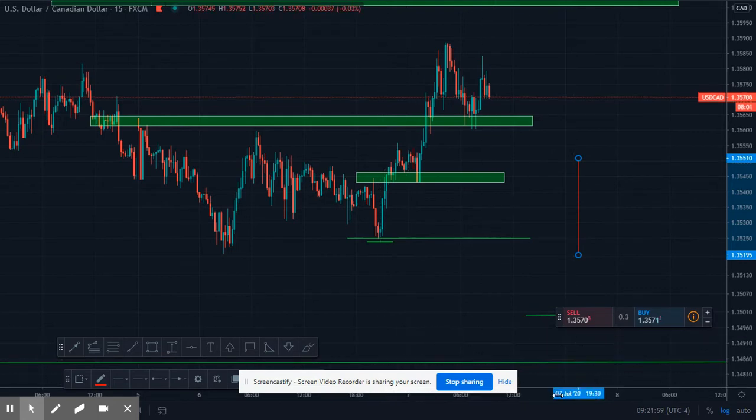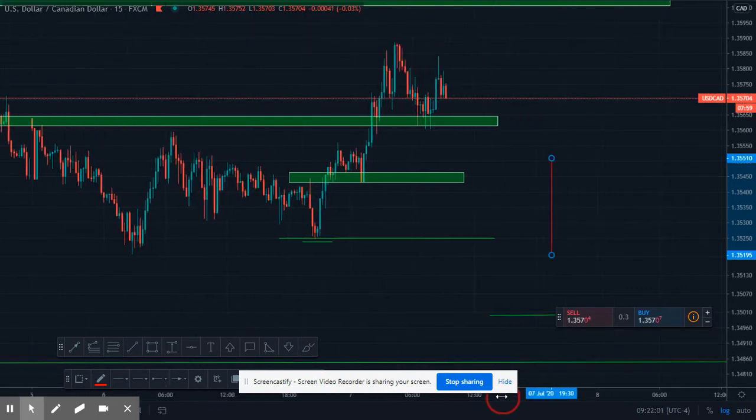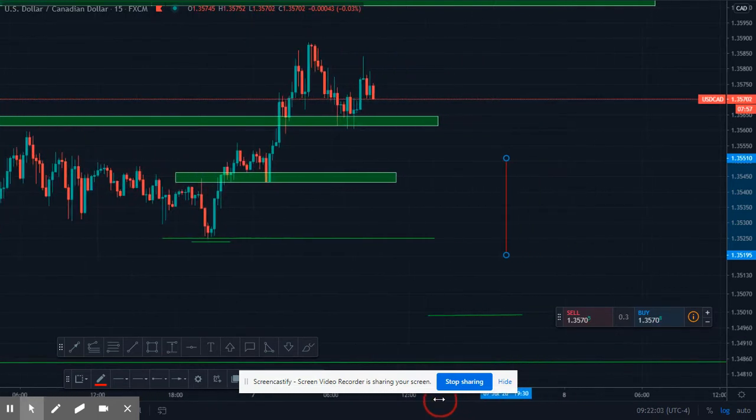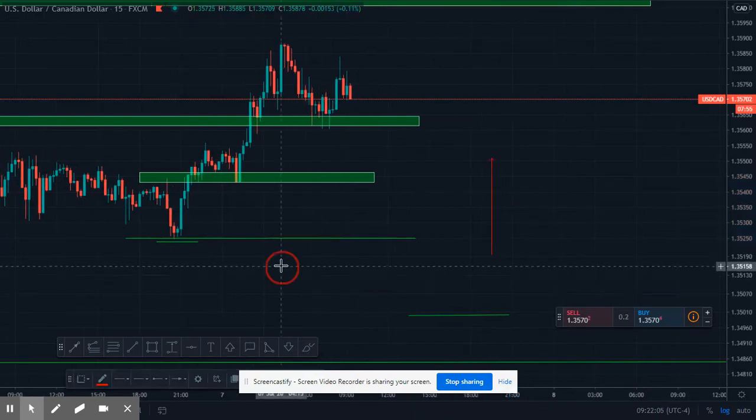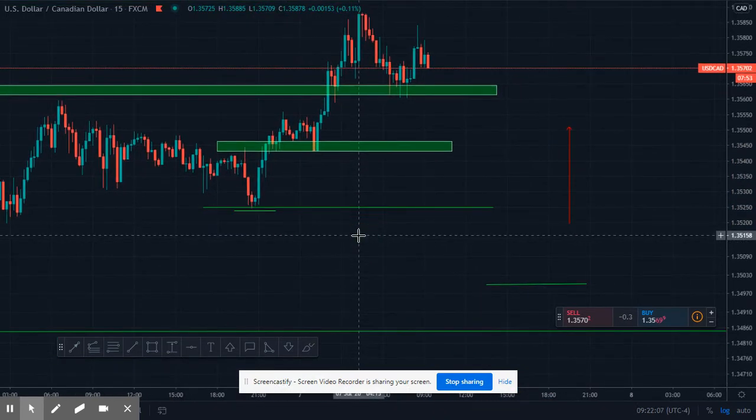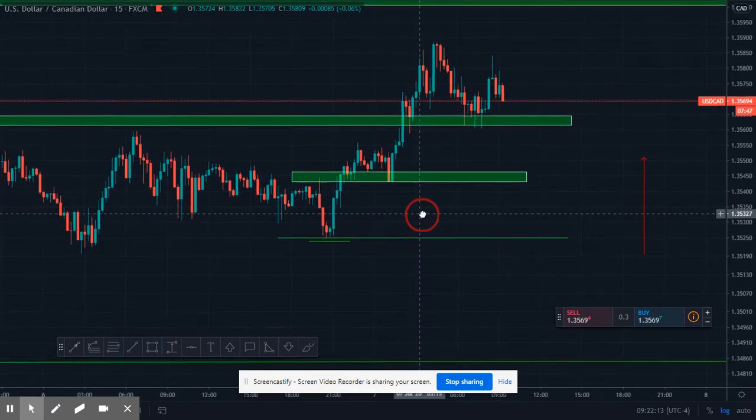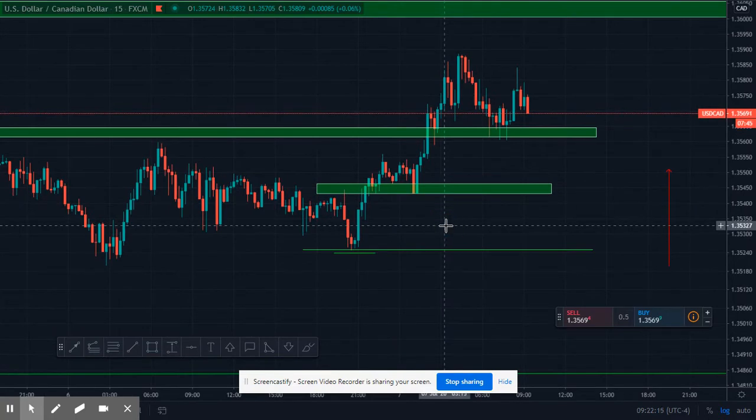And if it's the reverse, it'll be a lower high, lower low, lower high, lower low, lower high, lower low. You keep saying that real fast, you have a tongue twist. But yeah, so you clearly see.